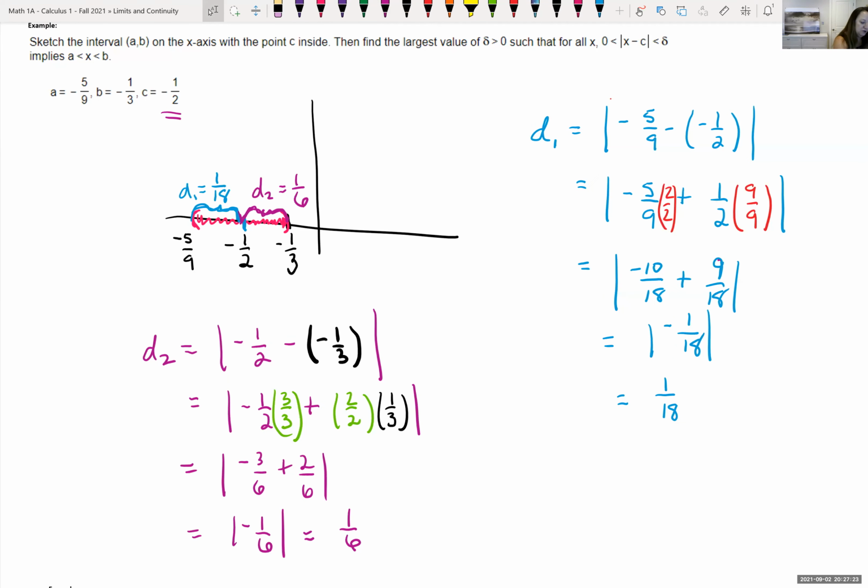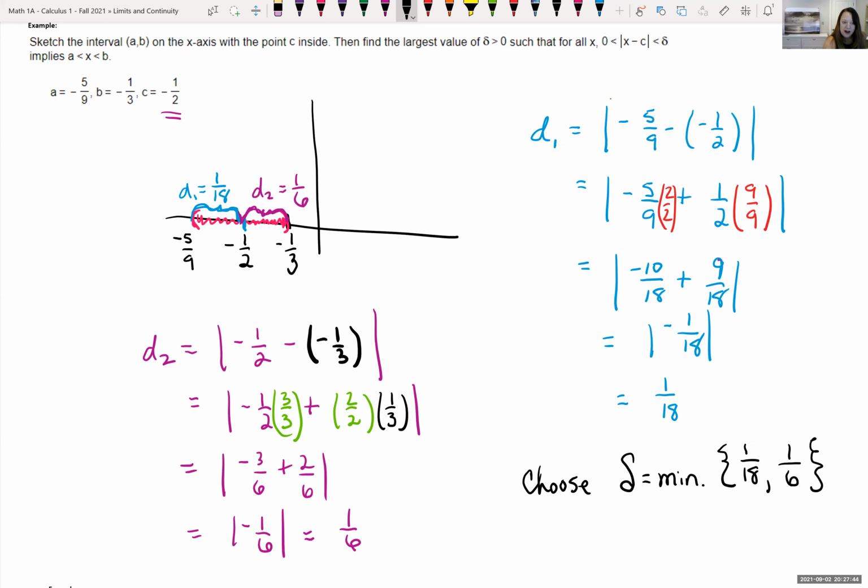So we want to choose delta to equal the minimum of those two distances that you found. So whatever is smaller, either 1/18 or 1/6.